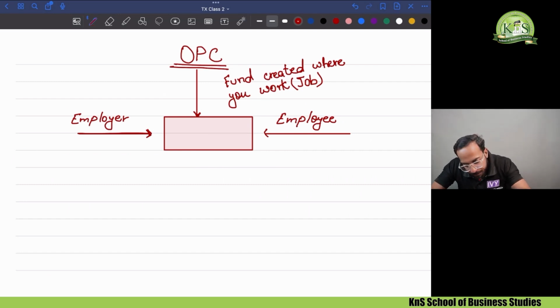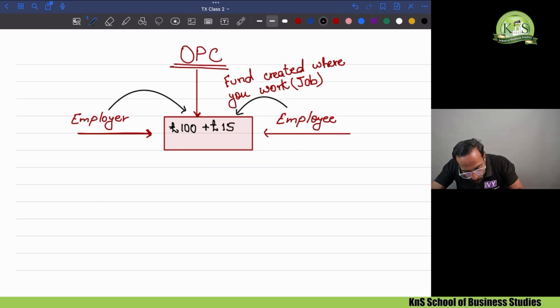Let's suppose the employer is contributing £100 and the employee is contributing £150. So in total £250 has been contributed in that fund.